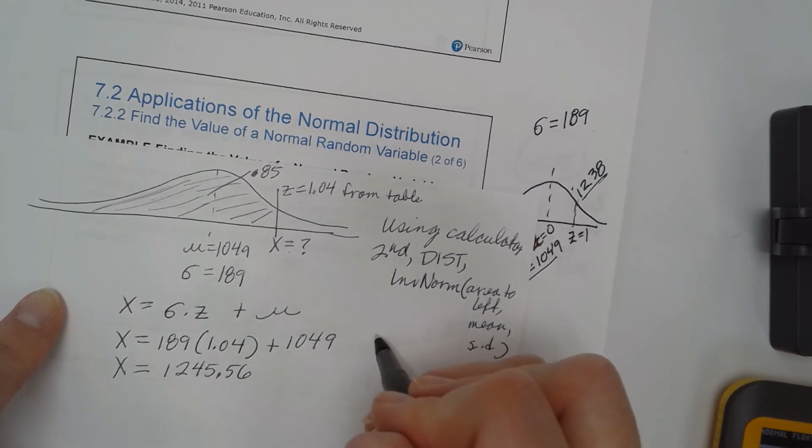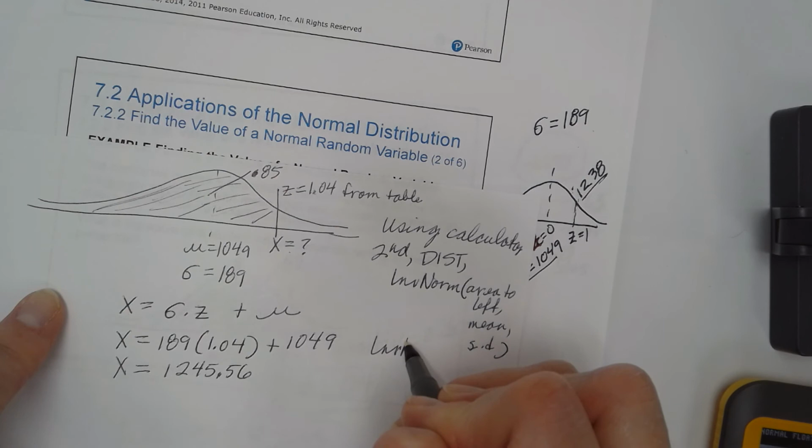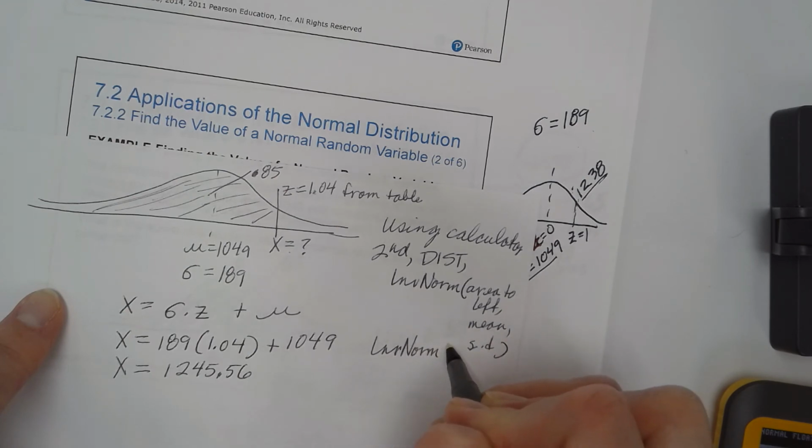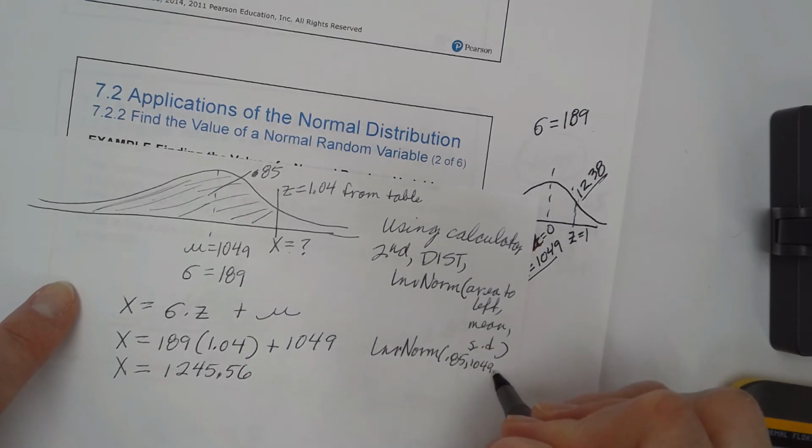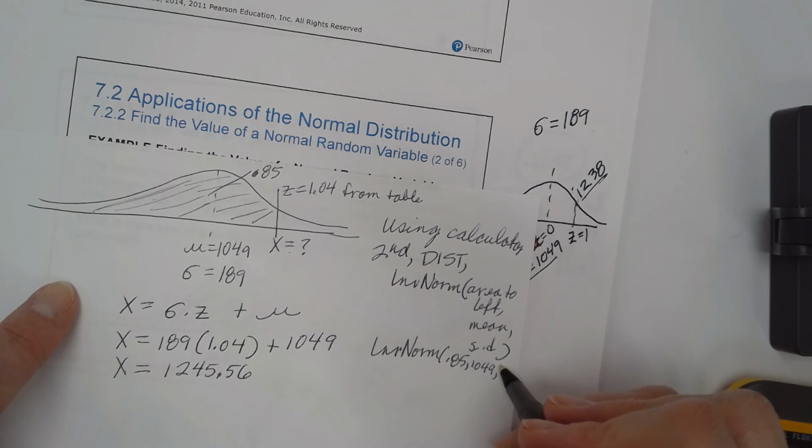Okay, so inverse norm, in this case, the area to the left is 0.85. The mean is 1,049, and the standard deviation is 189.